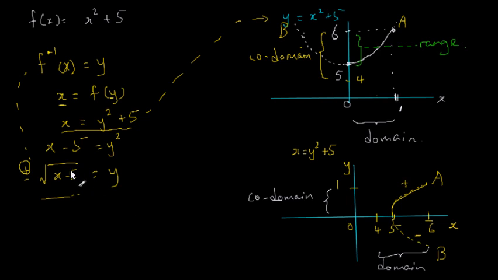Okay, so that helps us to understand the steps to get the inverse function formula more clearly, because obviously I cannot just get an inverse function like that. I cannot just get the inverse function ignoring the domain and the codomain.